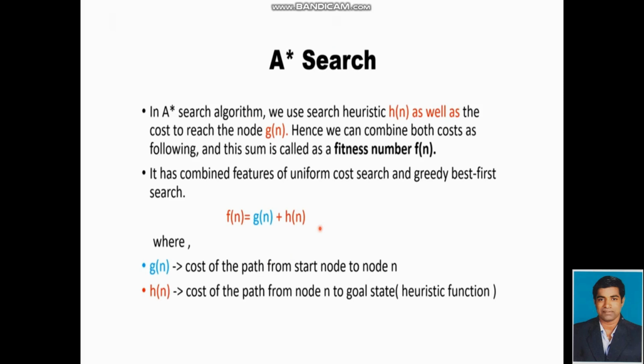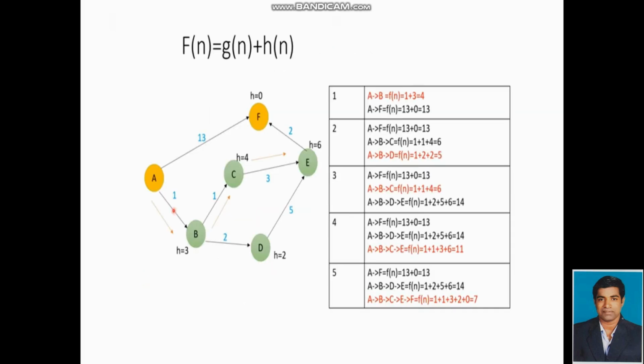That means f of n is equal to g of n plus h of n. g of n is the cost of the path from the start node to node n. h of n is the cost of the path from the node to the goal state.